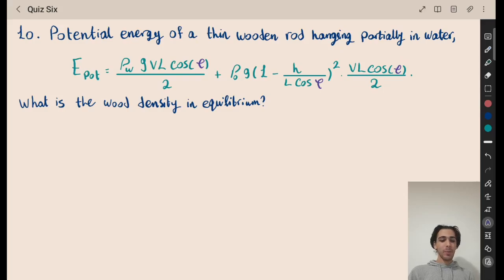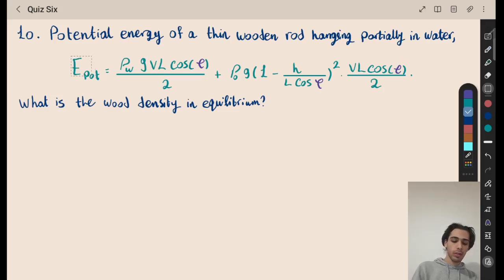That's good. So phi is changing, and with it changes the potential energy. Then probably I can say that the potential energy is a function of phi.